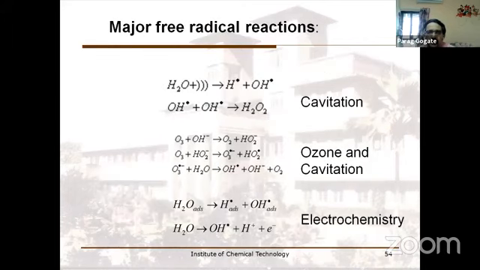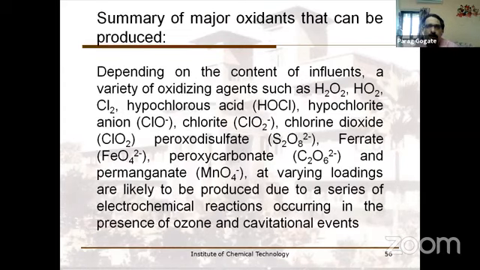And typically the radical reactions which are going to occur. So cavitation, you will have hydroxyl radicals, you have hydrogen peroxide. Ozone and cavitation, again, you will have combinations giving you hydroxyl radicals. Electrochemistry, of course, is going to give you hydroxyl radical. So depending on different components of the influent, a variety of oxidizing agents can be produced.